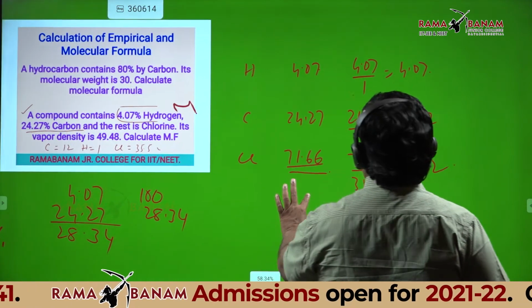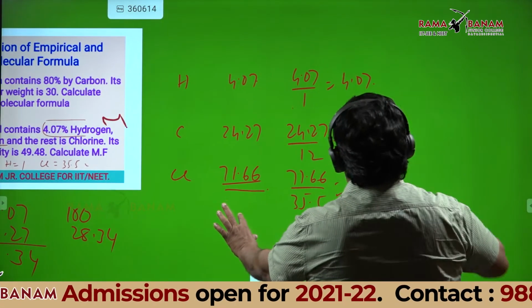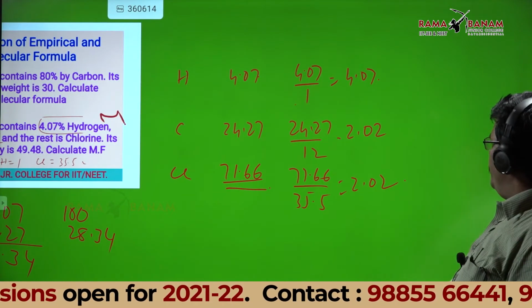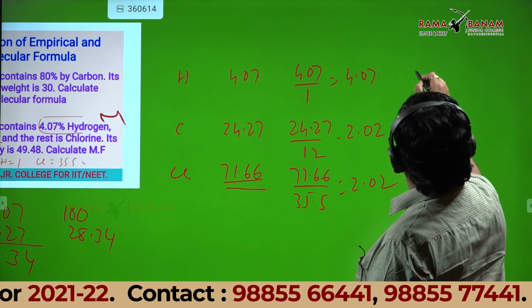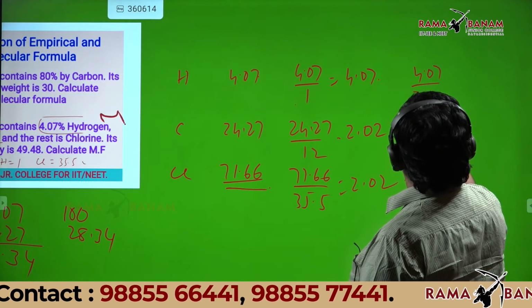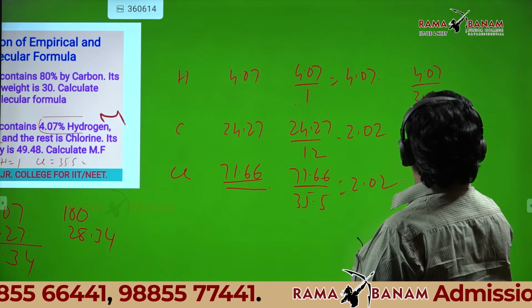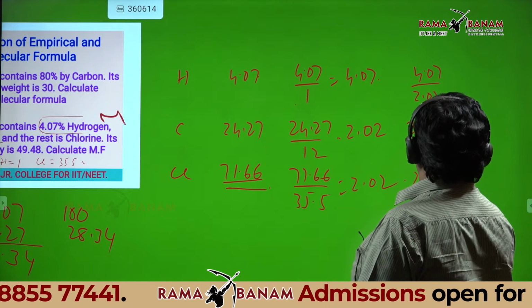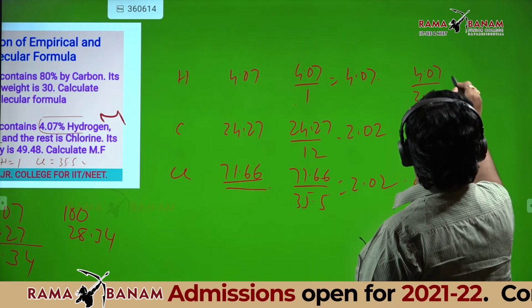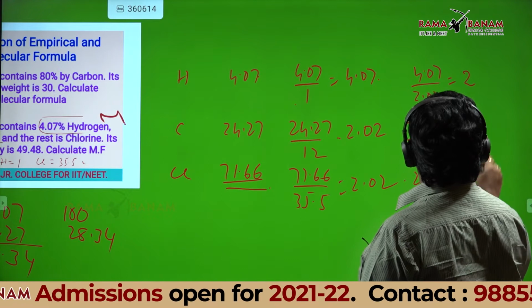For the simple ratio, you divide all three by the minimum number. Here the minimum number is 2.02. So I divide by 2.02, 2.02 by 2.02 and 2.02 by 2.02. So the values are more or less 4, 2, 1.